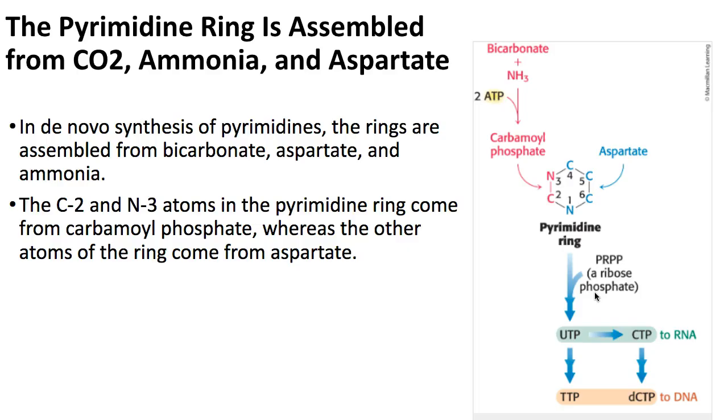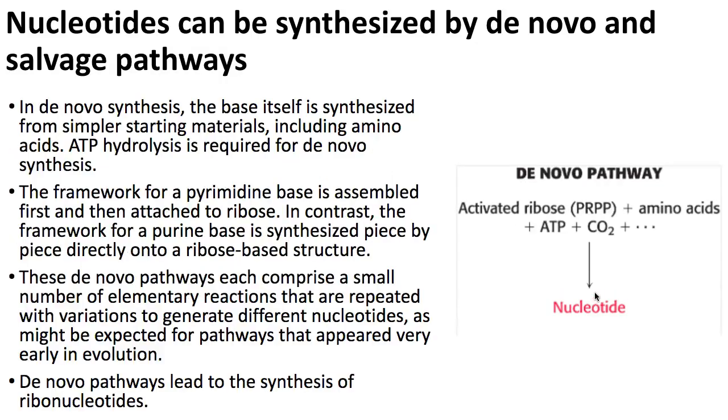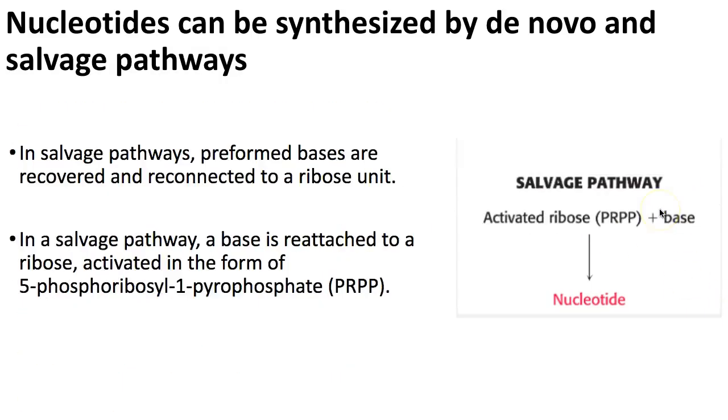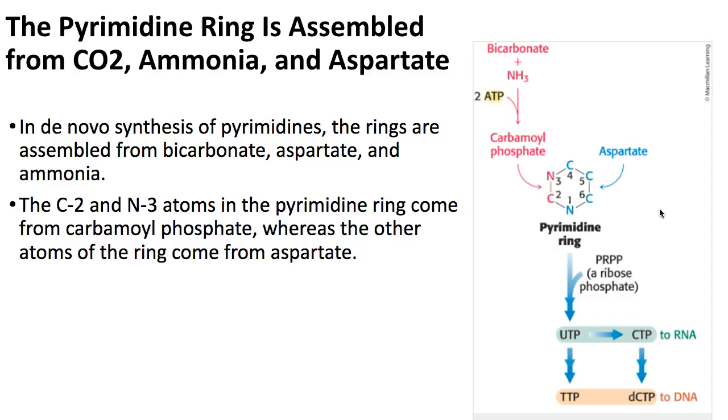So as far as the pyrimidine ring being assembled, you use carbon dioxide, ammonia, and aspartate. Aspartate is your amino acid, as I mentioned previously. With that, the carbon dioxide is used as bicarbonate that reacts with the ammonia and reacts with ATP.